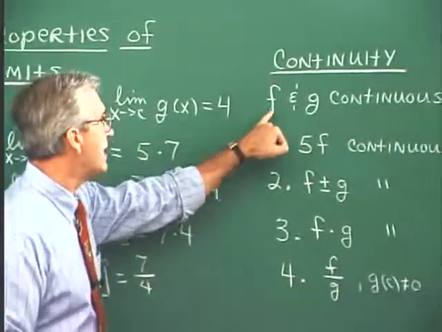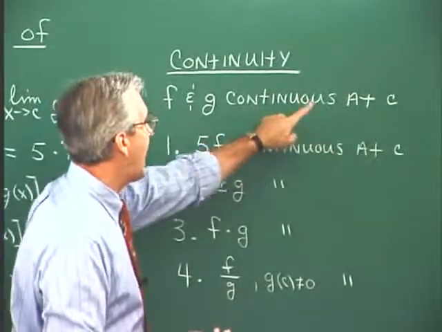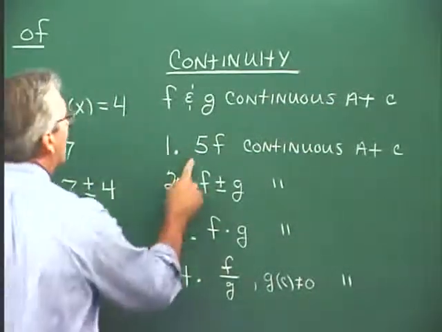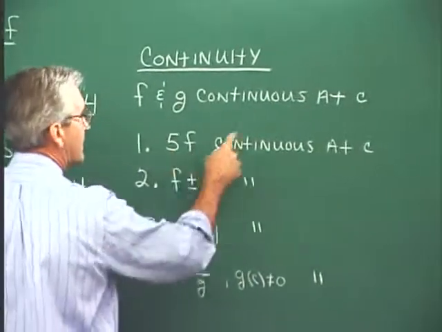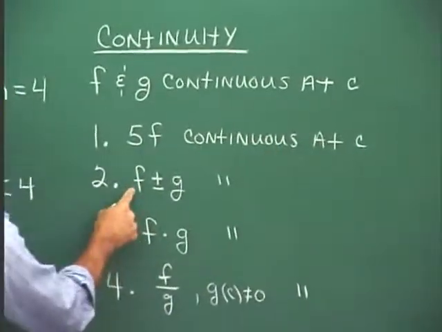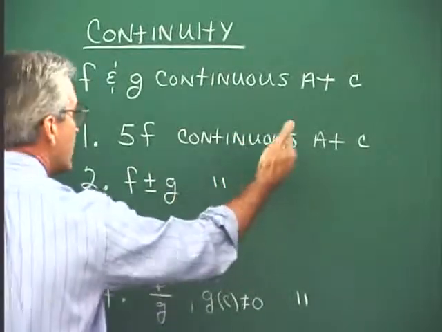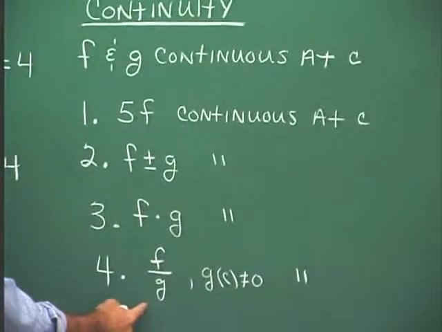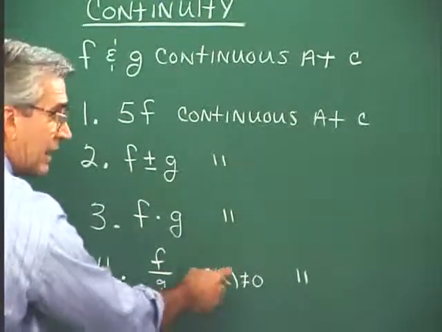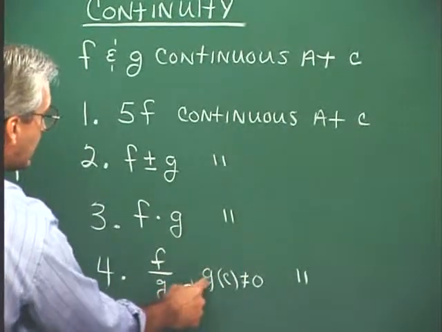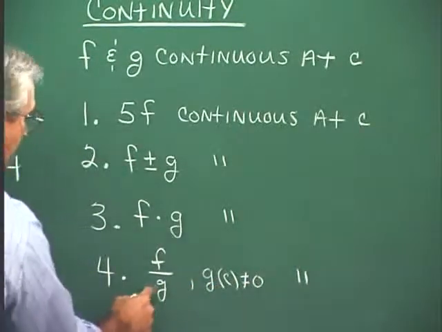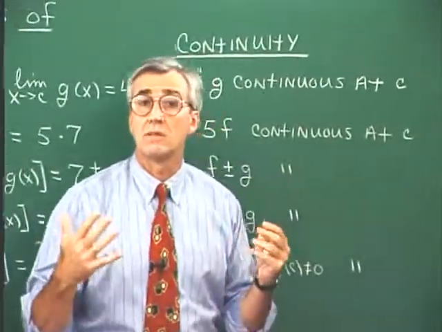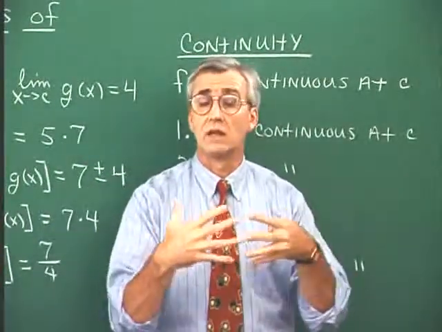If f and g are both continuous at the point C, then 5 times f is continuous at C, f plus or minus g is continuous at C, f times g is continuous at C, and their quotient is continuous at C. Notice I'm putting the caveat here that g of the target point is not equal to 0, to avoid an undefined situation. But this just points up the remarkable similarity between continuity and the limit idea.